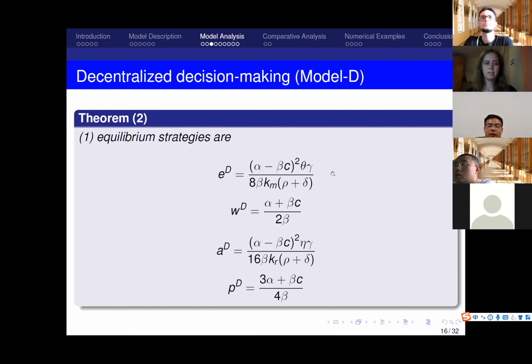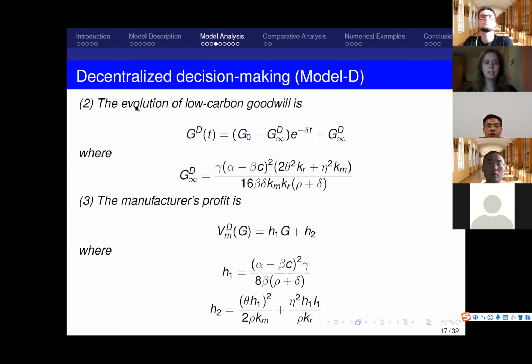The players make their strategies independently. This is the advertising and this is the promotion price P_t. Also, this is the evolution of the low carbon goodwill in model D. Similarly, the difference is that the steady state of the low carbon goodwill in model D is like this.